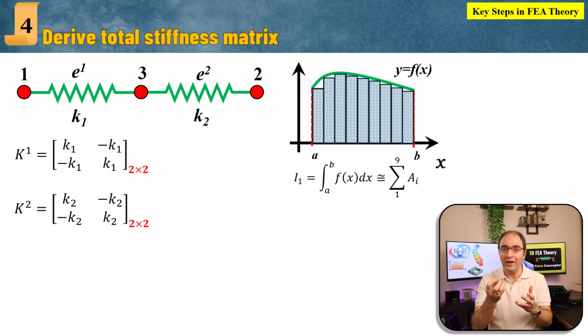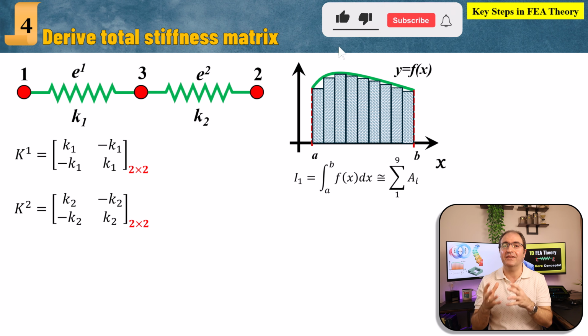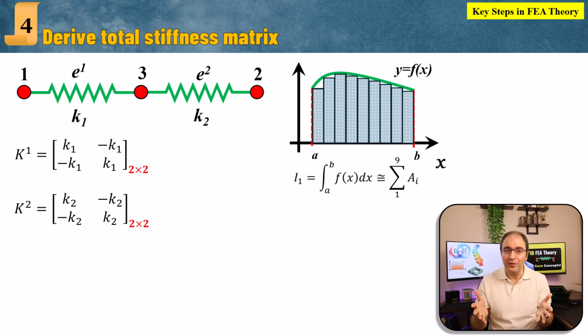Instead of having one single number for a spring stiffness, we have a matrix, because now we are talking in FEA. As I mentioned before, the element stiffness matrix is 2x2 because each spring has 2 nodes and 1 degree of freedom per node. Now, for element 1, the stiffness matrix is K1, negative K1, negative K1, K1. And for element 2, the stiffness matrix is K2, negative K2, negative K2, K2.